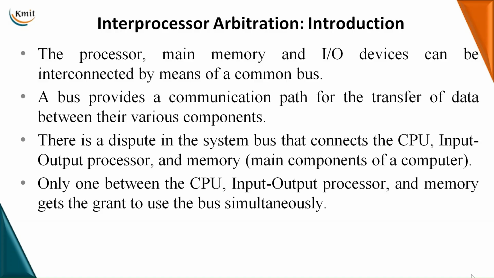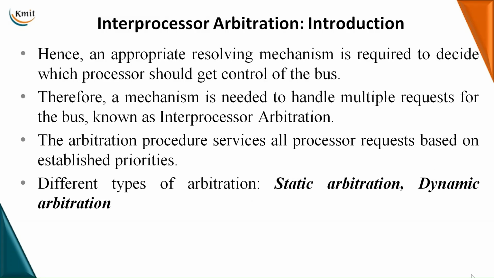Say, for example, if one or more processors request the use of the bus at the same point of time or simultaneously, then only one at a time can use the system bus. So an appropriate resolving mechanism is required in order to decide which processor should get control of the bus.